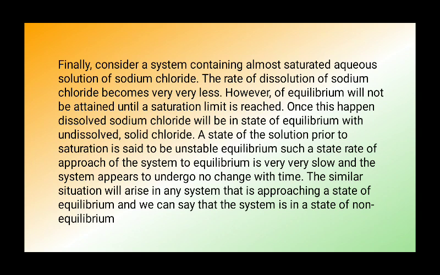A state of solution prior to saturation is said to be unstable equilibrium. In such a state, the rate of approach of the system to equilibrium is very slow, and the system appears to undergo no change with time. A similar situation arises in any system that is approaching a state of equilibrium, and we can say that the system is in a state of non-equilibrium.